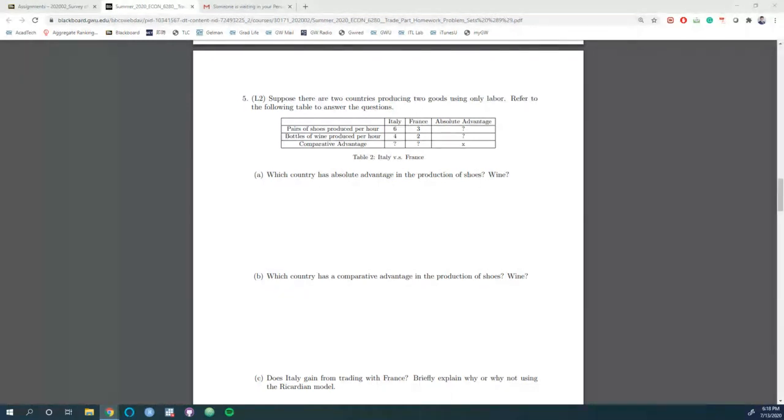The production possibility frontier. In order to draw the production possibility frontier for two countries, what conditions do we need to know?